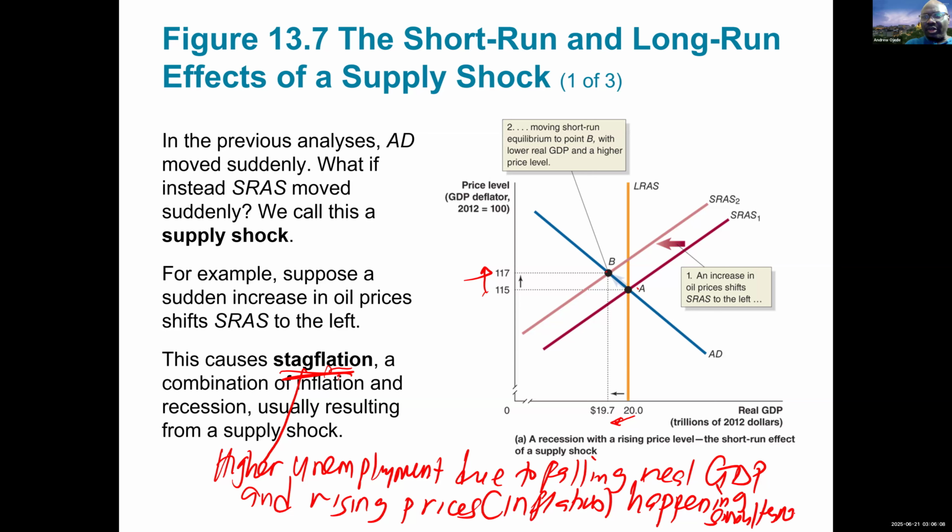So the economy is faced with two evils: rising unemployment and rising inflation. So what do you do as a policymaker? You better choose maybe the lesser of the two evils.